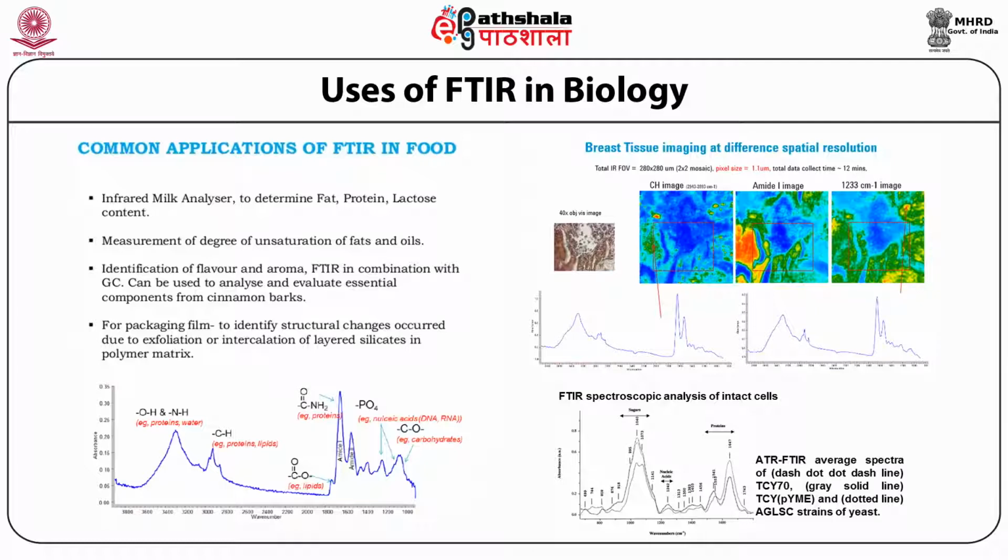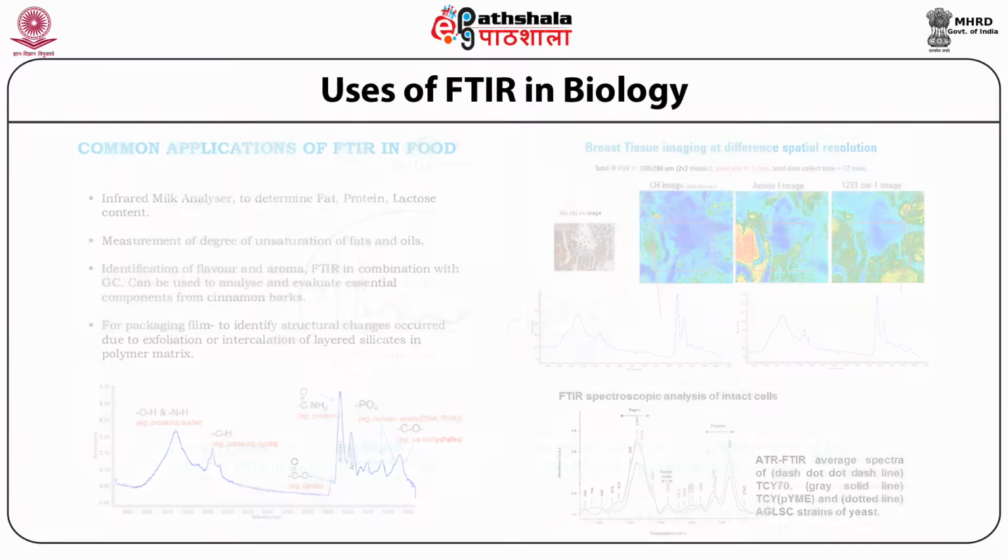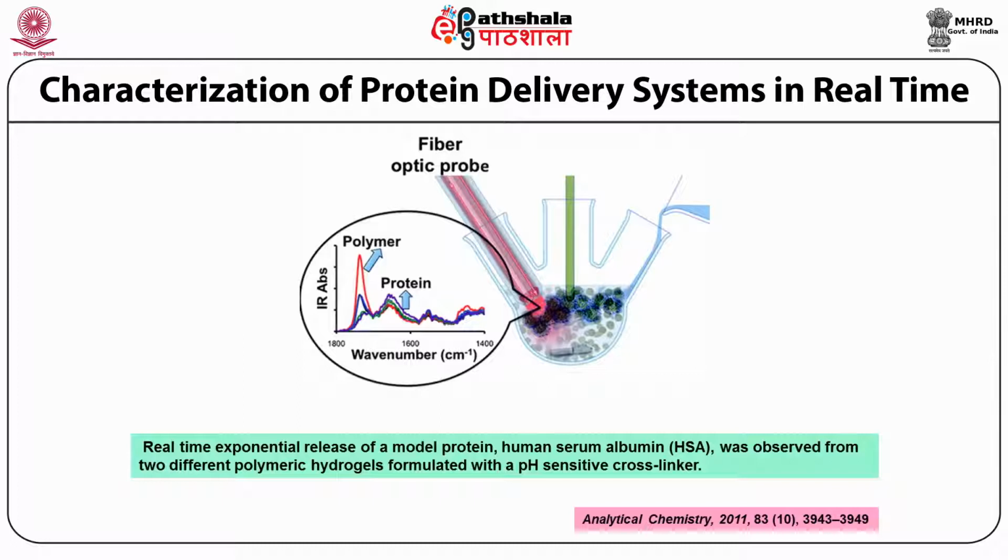And at last, the FTIR average spectra of TCY70 and TCY in the dotted line are from different strains of yeast. We discuss the characterization of protein delivery system in real-time PCR.